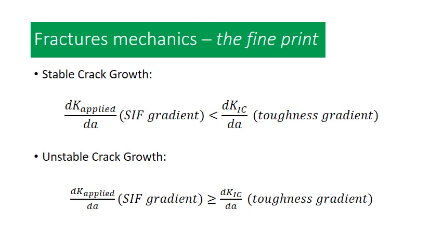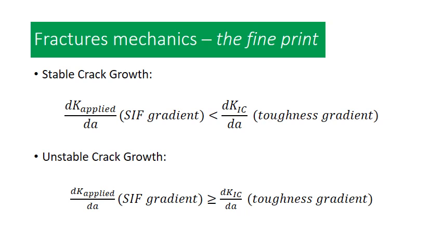Now, if we have a K gradient that is less than a toughness gradient, we would expect to have stable crack growth. And if we have a K gradient that's greater than the toughness gradient, we would expect to have unstable crack growth. And there's several things that we can think about in terms of the K gradient. If we have displacement controlled conditions, it's fairly common to have a low K gradient, and we know that under displacement controlled conditions, our cracks may well stabilize.